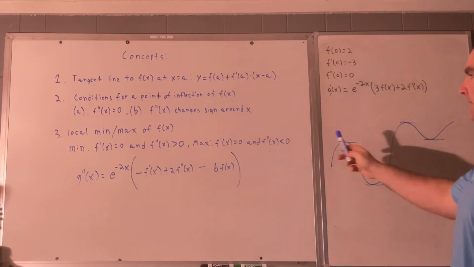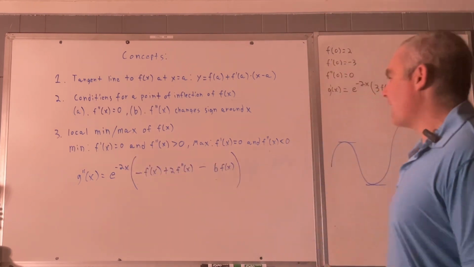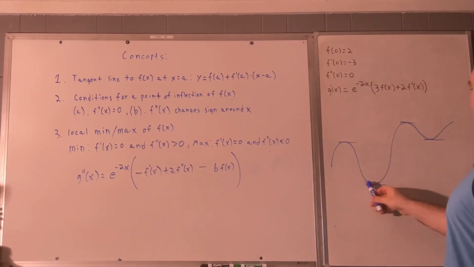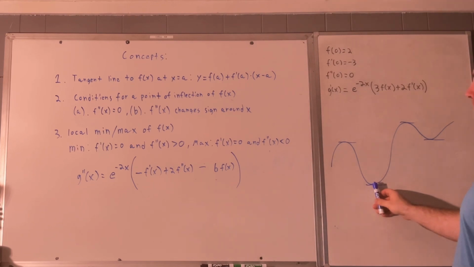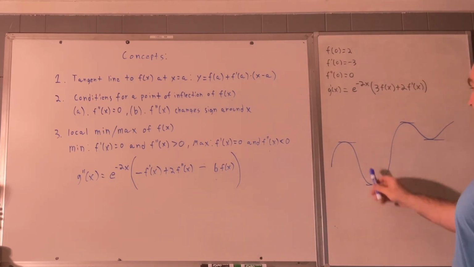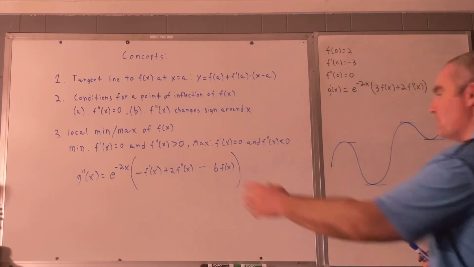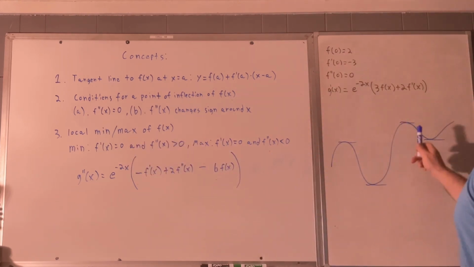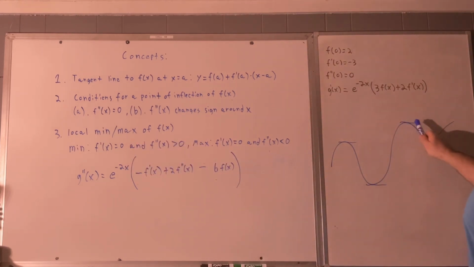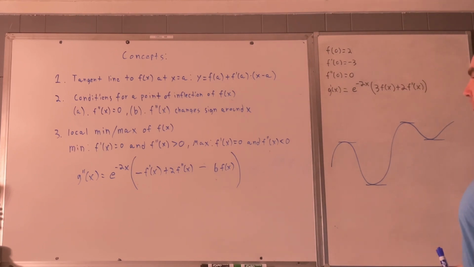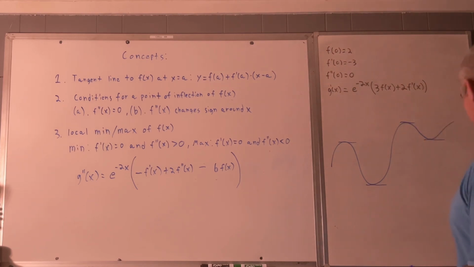So again, a minimum occurs when f prime of x is equal to 0, like right here, and f double prime is greater than 0. It is concave up. A maximum occurs when f prime is 0, such as here, and f double prime is less than 0, concave down. So that's a graphical interpretation of why that's true.